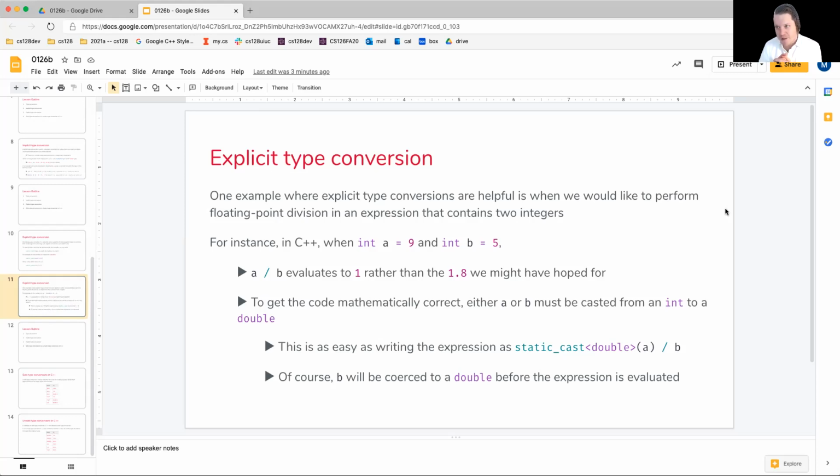This is mixed mode arithmetic. So the wider type in this case is a double, so b is going to be coerced or implicitly converted into a double. So we'll have 9.0 divided by 5.0. And then the result of this expression is going to be what we were, in this case, intending, 1.8.